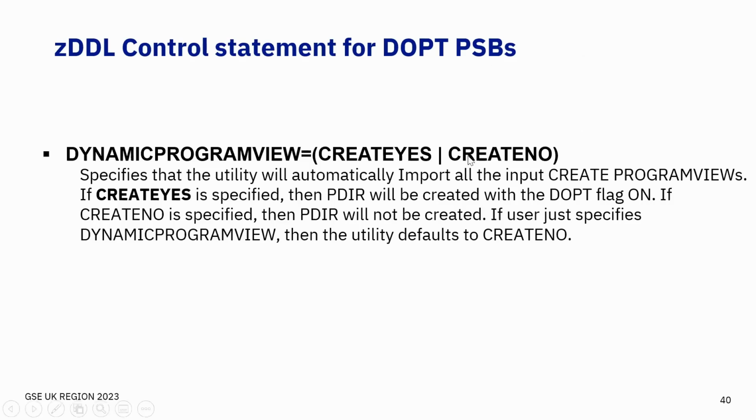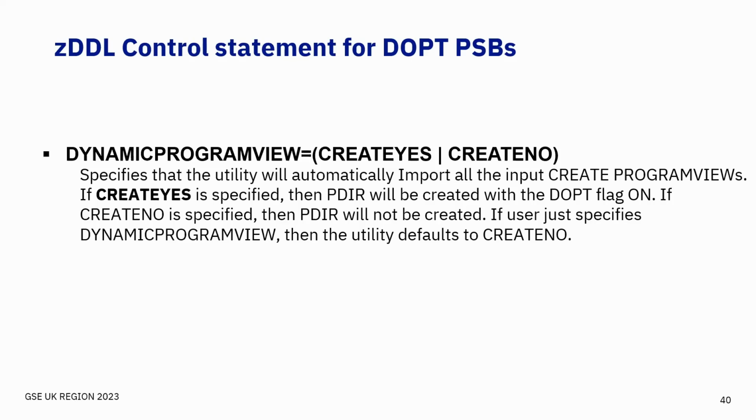So for those clients that say create no. For clients that are going to use this DOP PSB in an online environment, they'd say dynamic program view equals create yes, right? The default, by the way, is create no, right? So this is another way of creating dynamic PSBs, if you will.